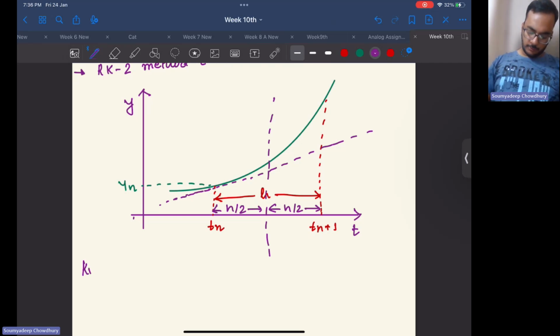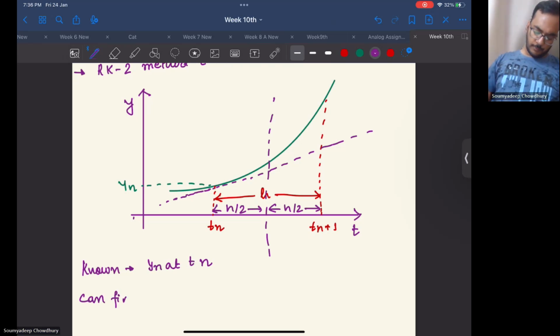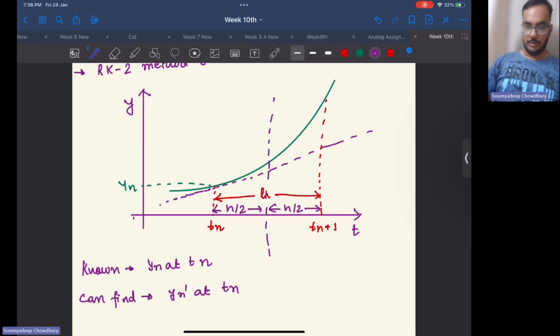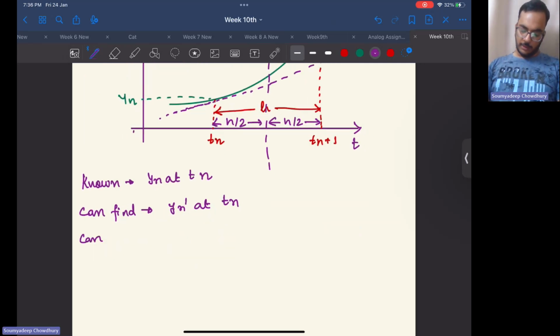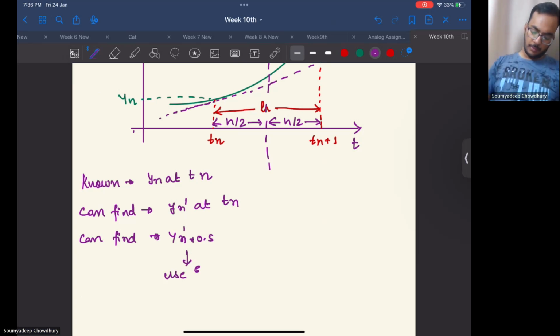So now what is known to us? Again, yn at Tn is known to us. What can we find out? We can find out yn dash at Tn from the slope of the function, right? We can also find y dash n plus 0.5, that is at a half step. How can we find it? Using Euler's explicit formula.